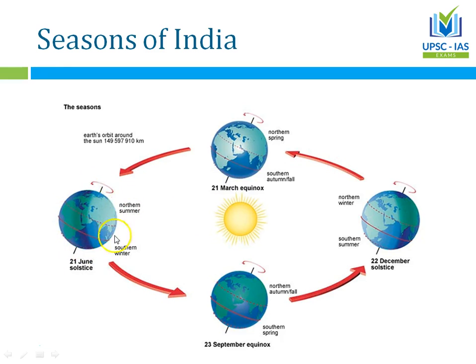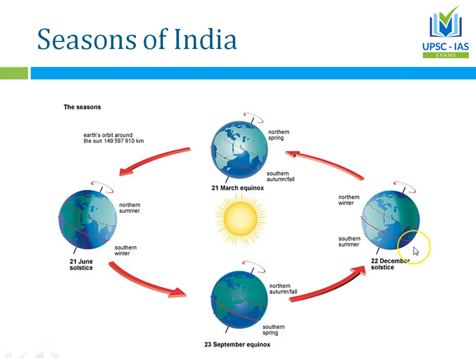So over here, in the northern hemisphere, you will have summer. In the southern hemisphere, you will have winter. That means in Australia and South Africa and all these parts, you will have winter, and over here you will have summer.